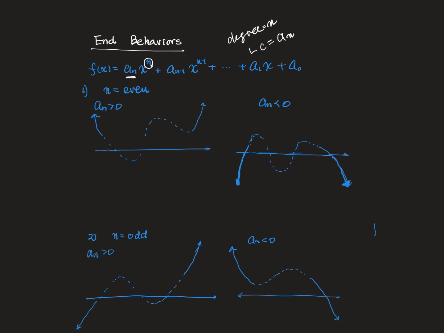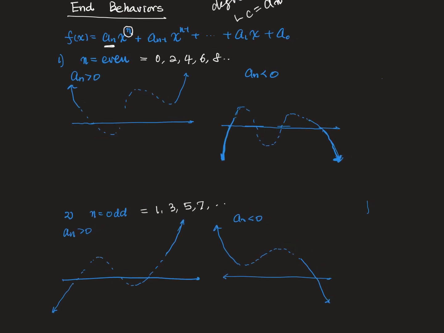First, think about whether the degree is even. Even means 0, 2, 4, 6, 8. That's the degree; the degree is an even number. And degree odd means the degree is going to be 1, 3, 5, 7. So when your degree is even and the leading coefficient is positive, then don't worry about the middle part yet.